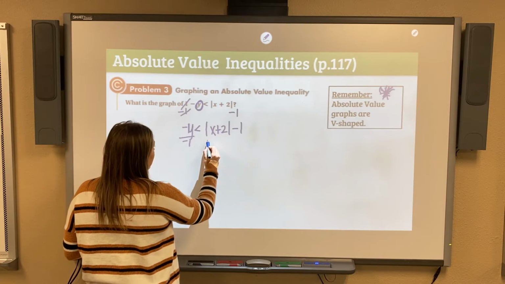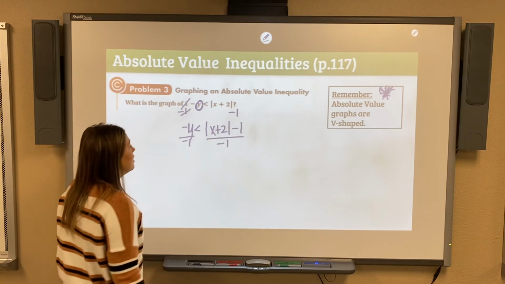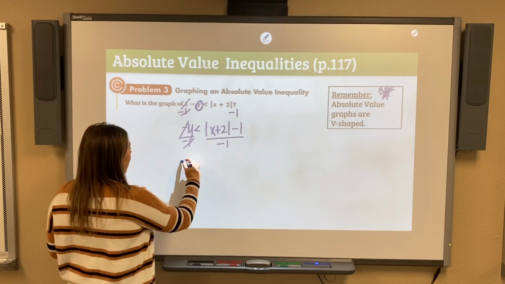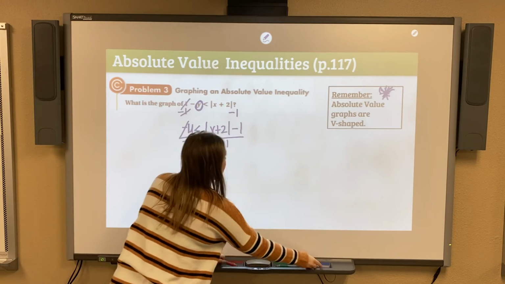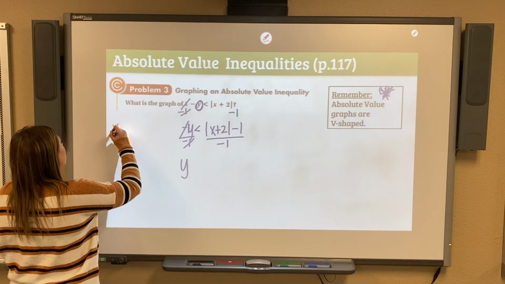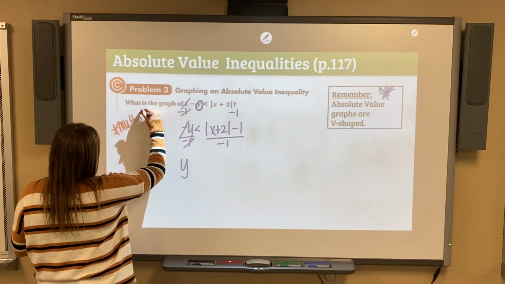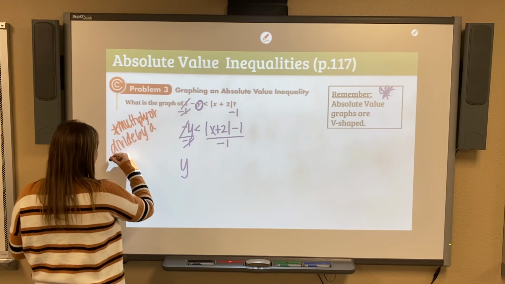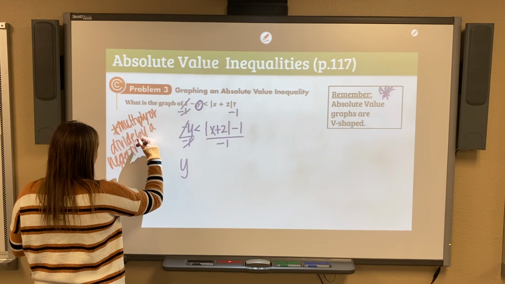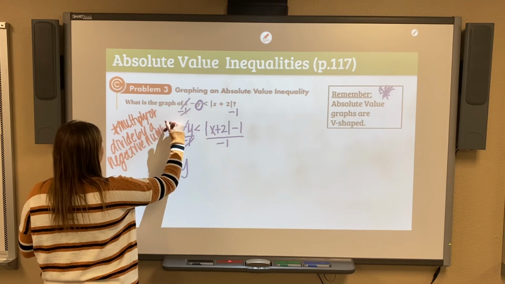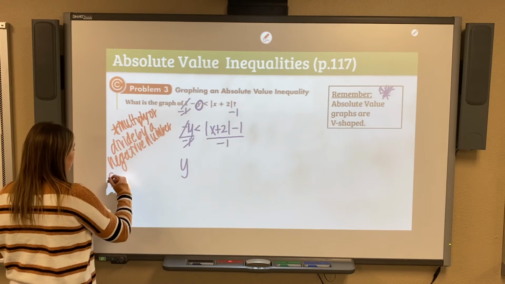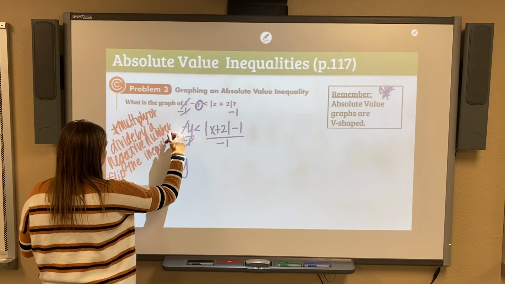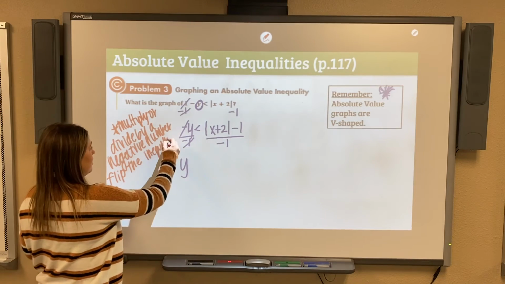We divide by -1, and we divide this whole side by -1. Anytime, and I'm going to go over here in red, put this in your notes: if you multiply or divide by a negative number, like we just did when we divided by -1, we have to flip the inequality.